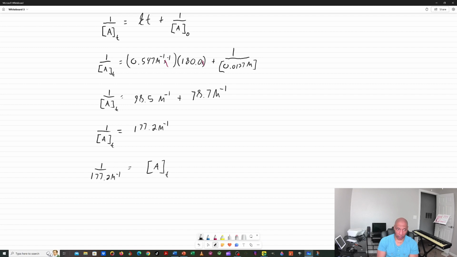So the reciprocal of that is 5.643 times 10 to the negative 3 moles per liter. So that's 0.005643, and that is indeed smaller than what we started off with at 0.0127.